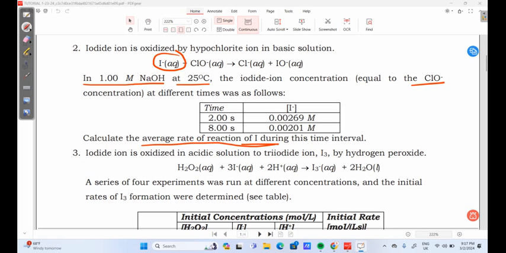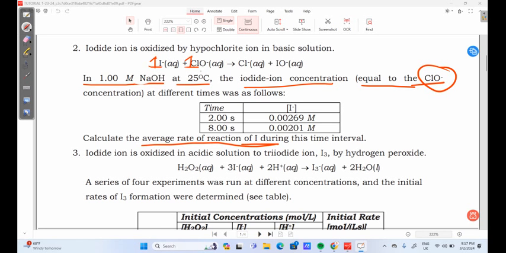The reason why this statement is given, that the iodide ion concentration is equal to the chloride ion concentration, is to emphasize that from the equation these are in the ratio of 1 to 1. Since the concentrations were equal, we've got nothing to do with stoichiometry here. We're just going to go direct and answer the question from the given data.